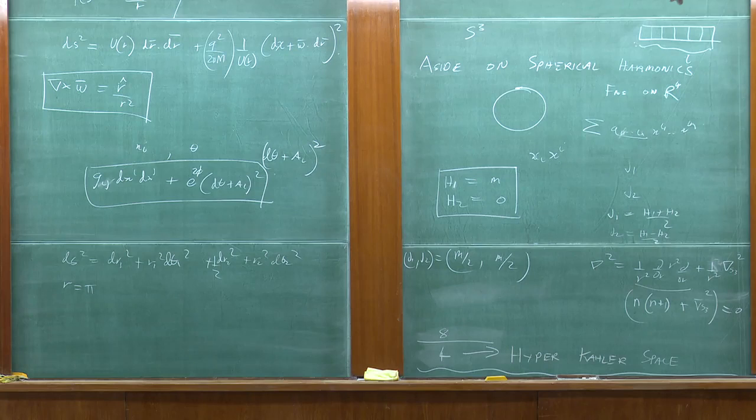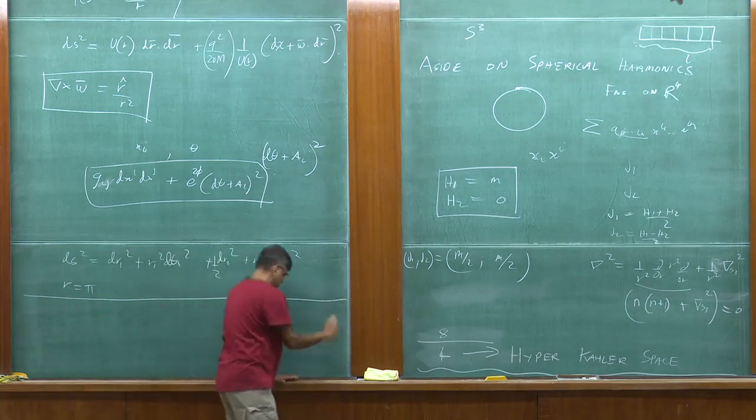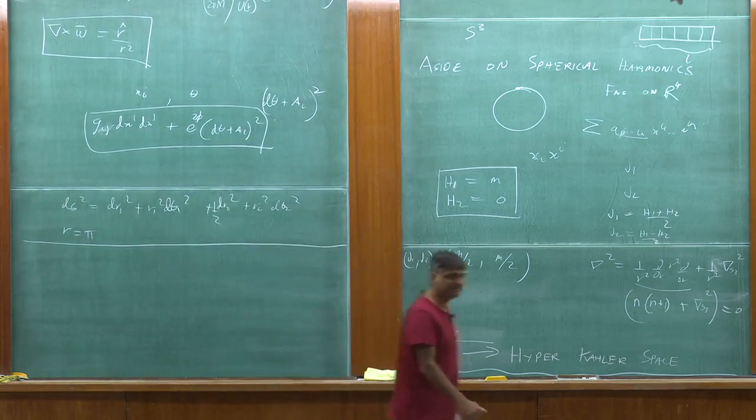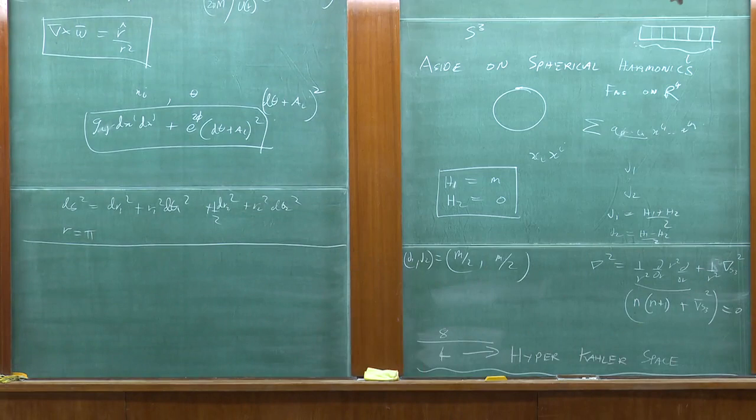Okay, now let's get back to physics. Remember that what we wanted to do was to check whether at every odd value of the charge, there was a bound state in this problem.